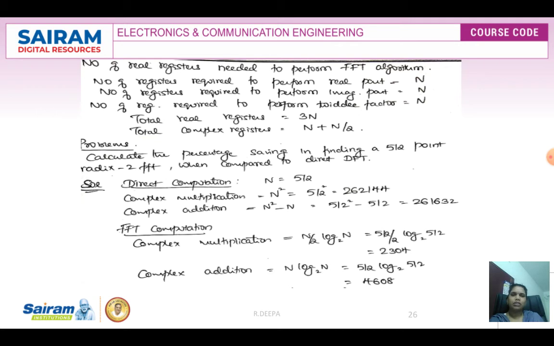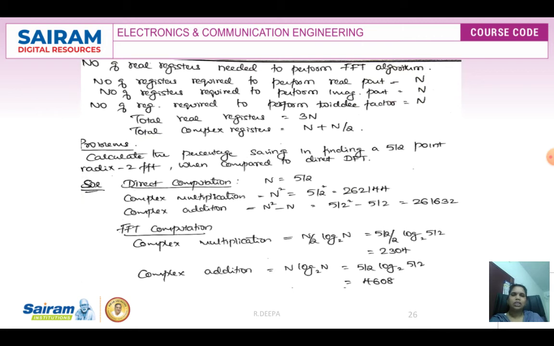For the direct computation, the number of complex multiplications, as we have already seen, is N square. So 512 square becomes 2,62,144 complex multiplications.